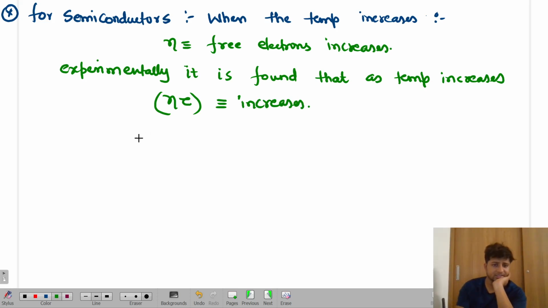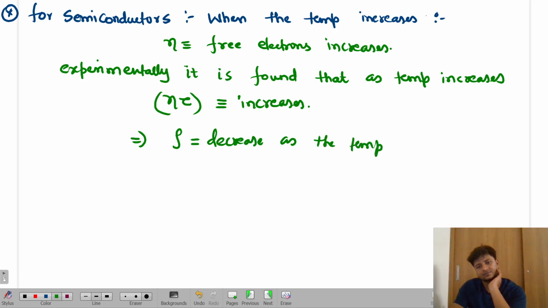Are you able to get me or not? So when this increases, this means that resistivity will decrease as the temperature increases in semiconductors and insulators. So this implies alpha is basically what? Negative.